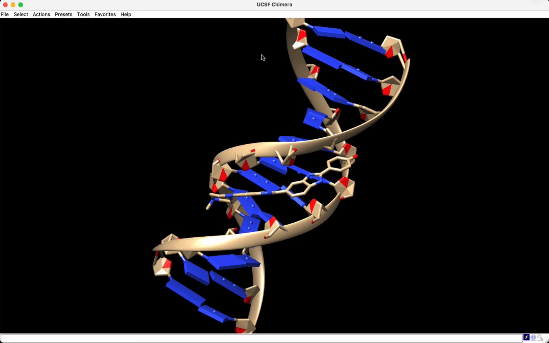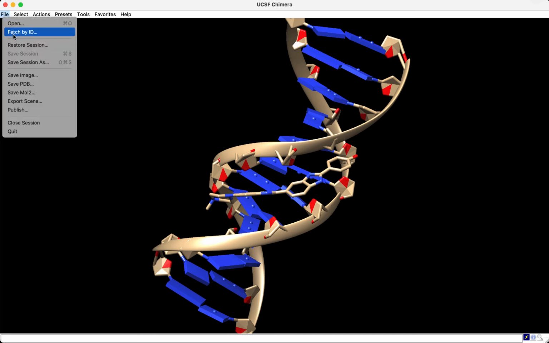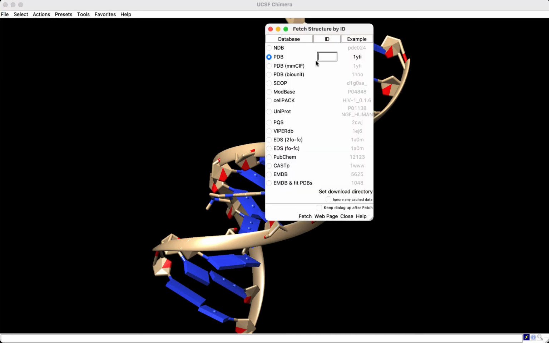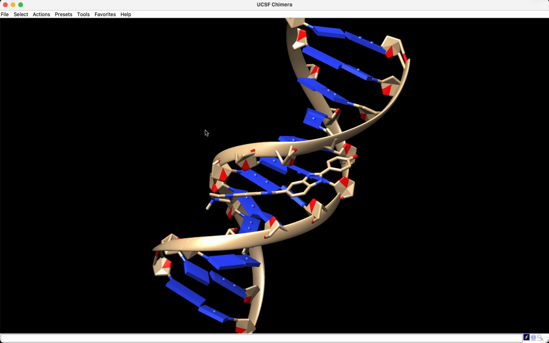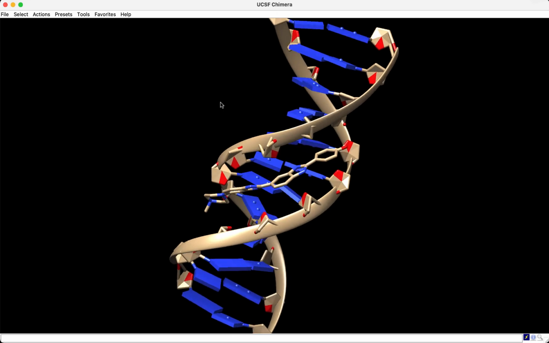It is free; you can download the program for free. What I did, and you can do the same thing, is go to File, Open, Fetch by ID. The one that I did was 127D. If you click on Fetch, you're going to see the same thing that I see on my monitor now.